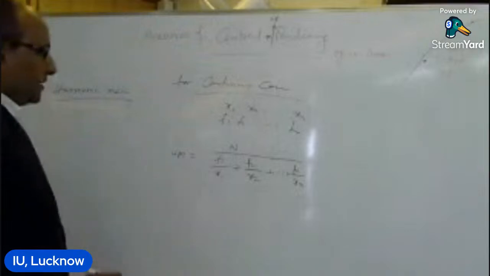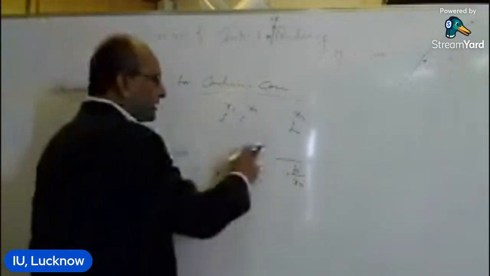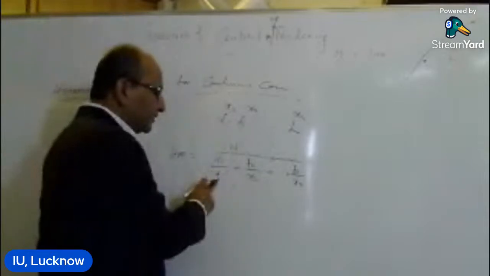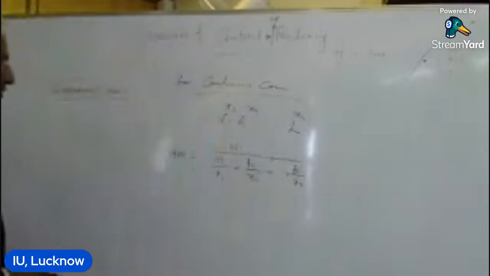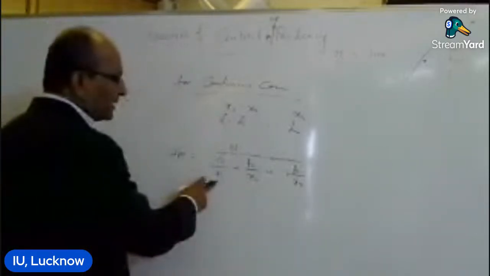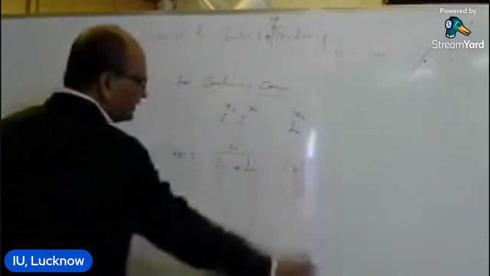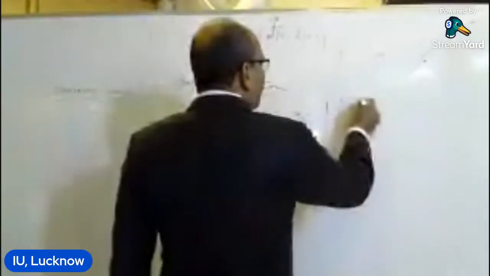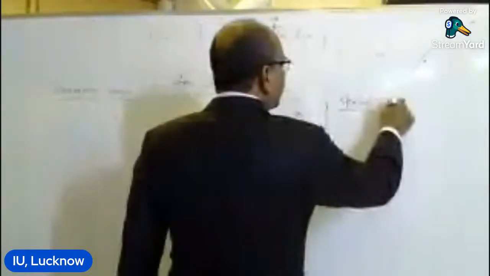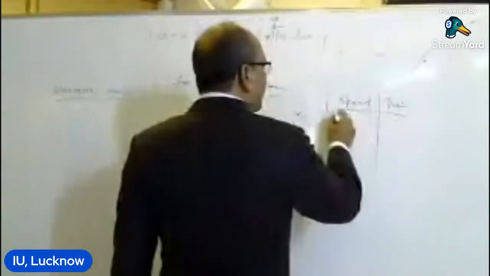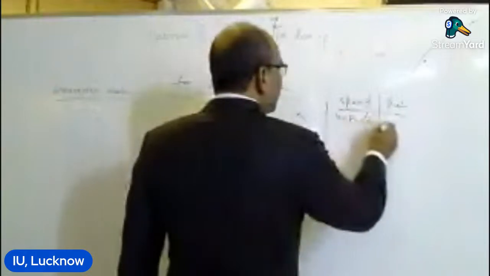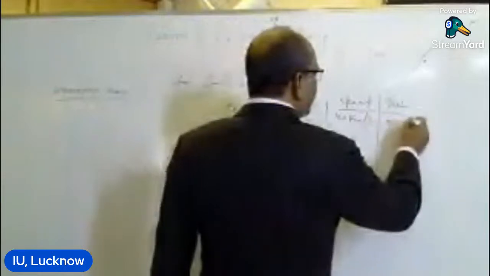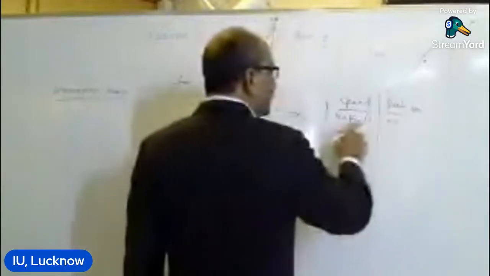Here N is like the total distance, and f1 is a distance; f1 divided by x1 is distance divided by speed, that is the time. Total distance divided by total time gives the average speed. For example, suppose 50 kilometers of distance is covered at 40 kilometers per hour, and the next 40 kilometers is covered at 30 kilometers per hour.